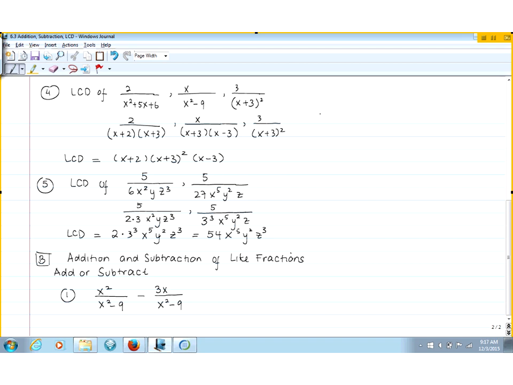And then number two, we have t squared minus t plus 5 over t plus 2, minus 3t squared minus 6t minus 2 over t plus 2. All right, so let's do these two problems first.